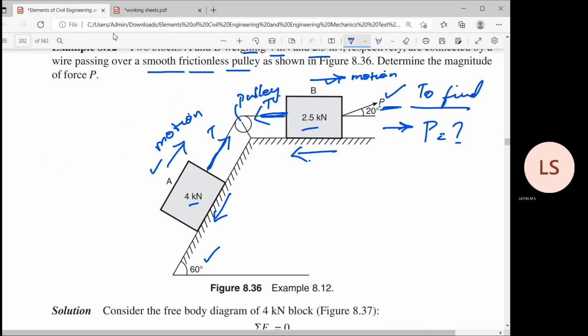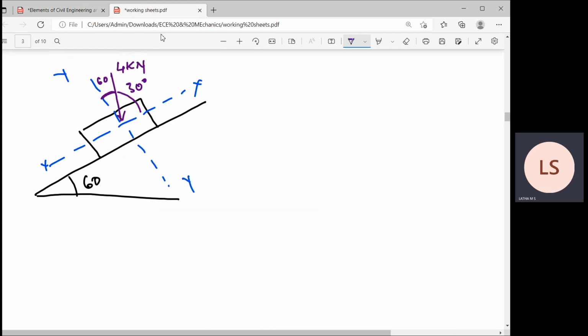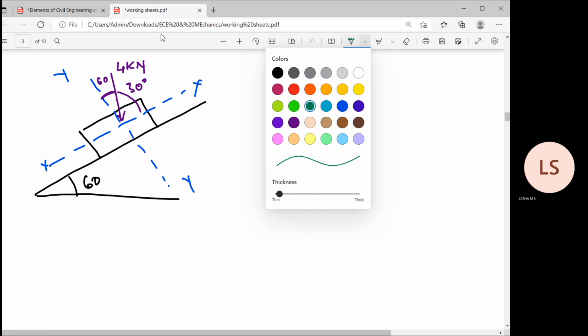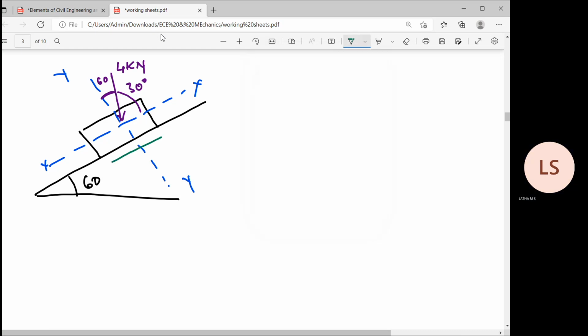And now what about the motion? The motion is in this direction. The friction will be in the opposite direction. I'll take this color, and friction, I'll call it F1 and N1.